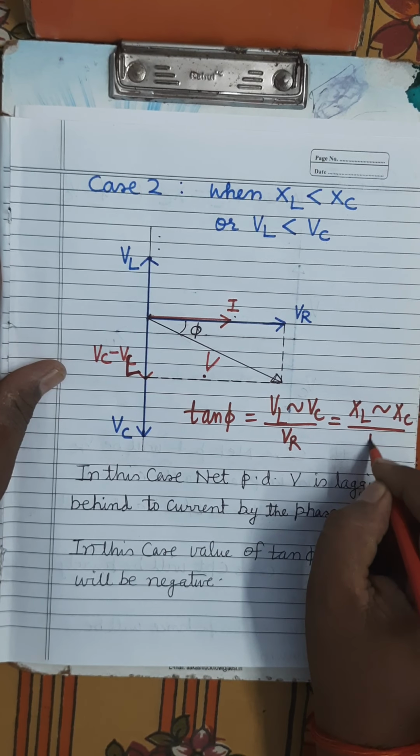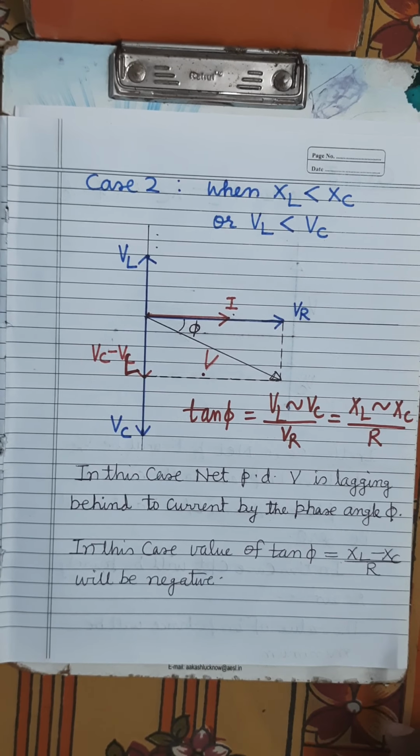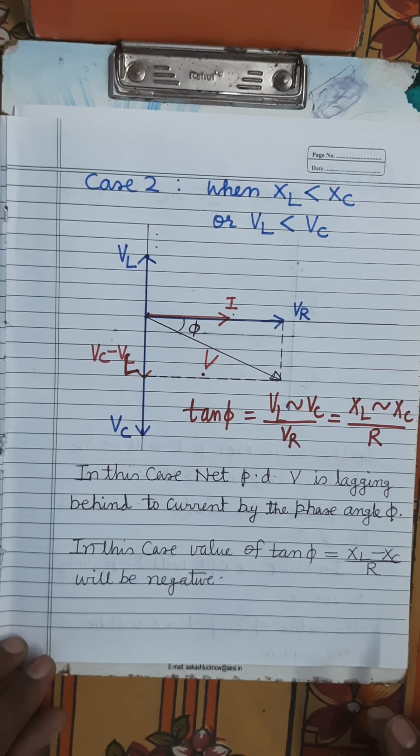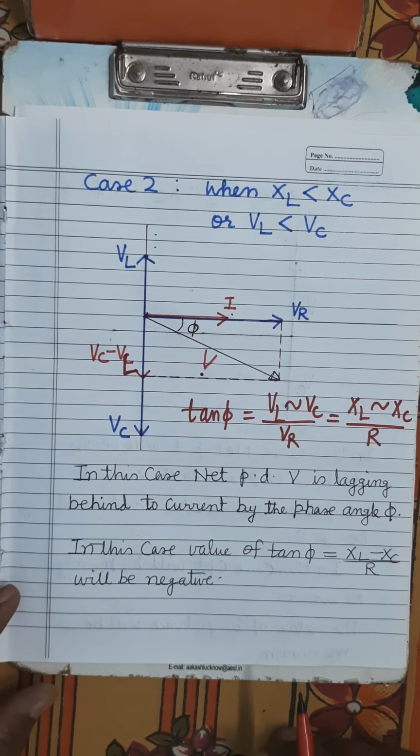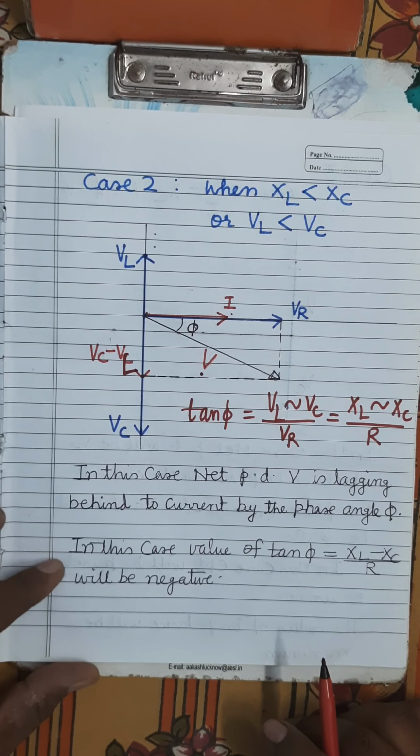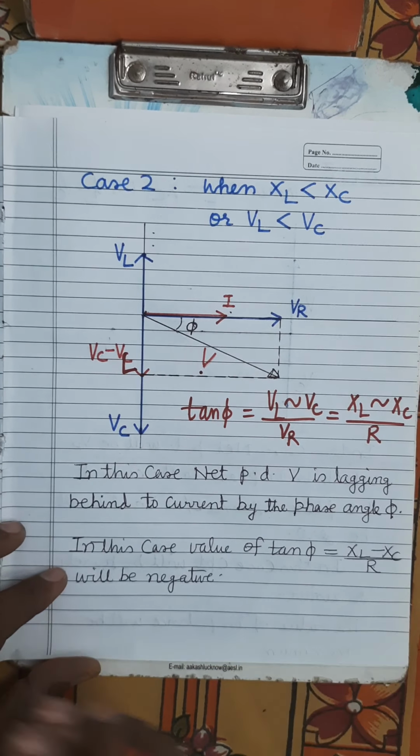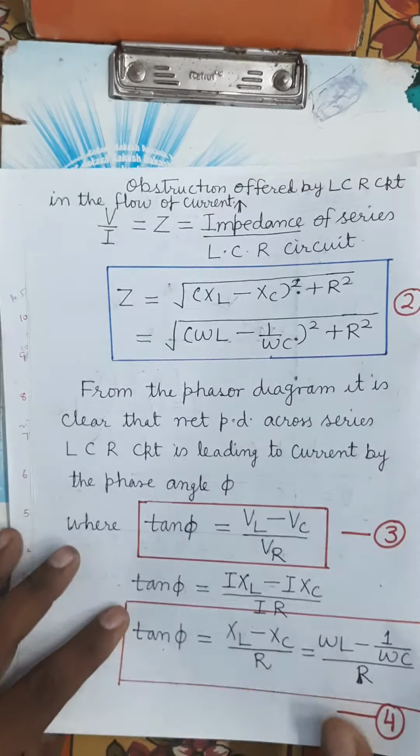Difference means XL minus XC if XL is bigger, XC minus XL if XC is bigger. It's clear? So the rest of the formulae will remain the same.